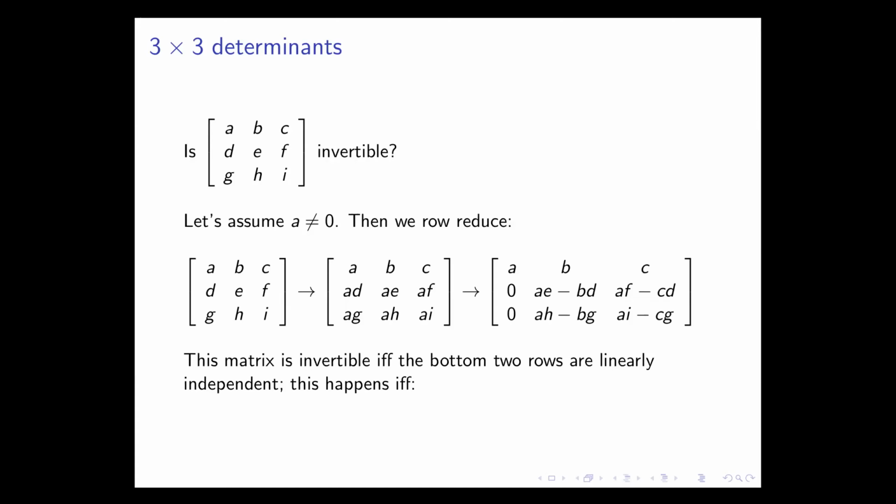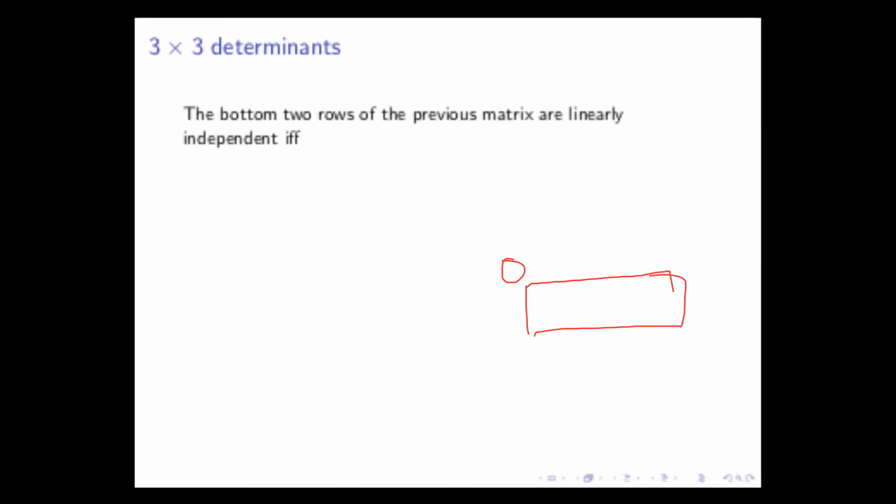Now, this matrix is invertible if and only if the bottom 2 rows are linearly independent, because we already gained 1 pivot column. So the only thing that remains is to understand what's going on in this 2x2 matrix. So when is this invertible?